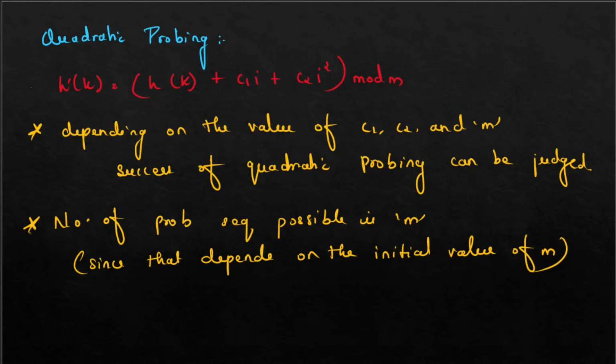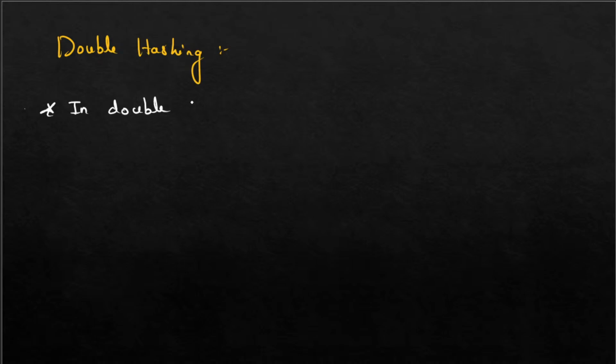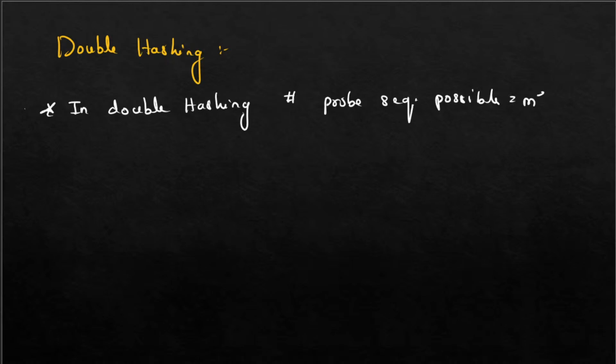Okay everyone, now let's discuss double hashing. So in double hashing, the number of probe sequences possible is m square.